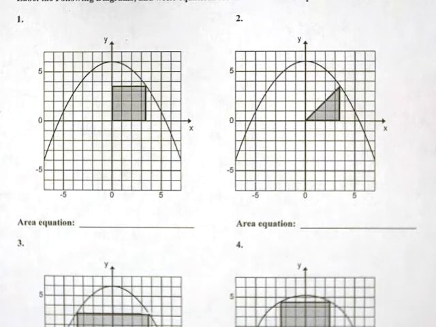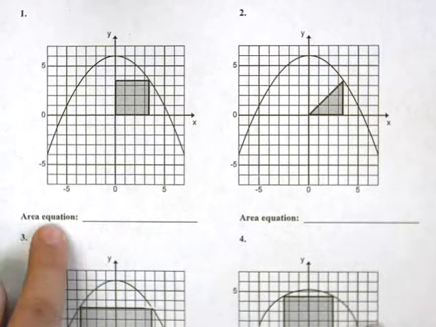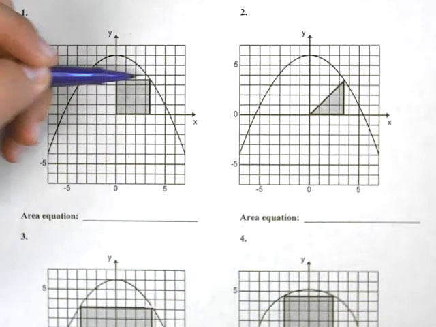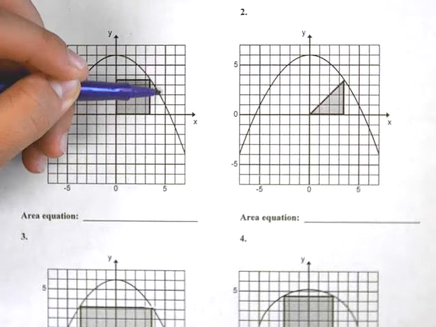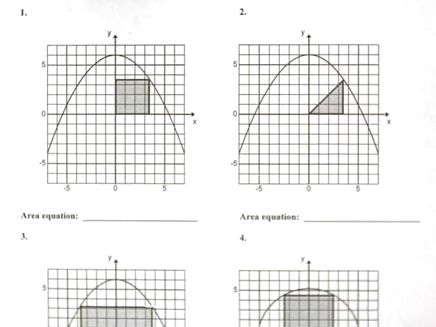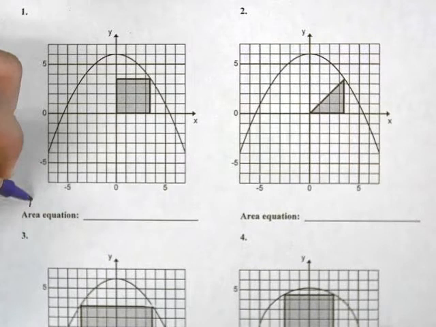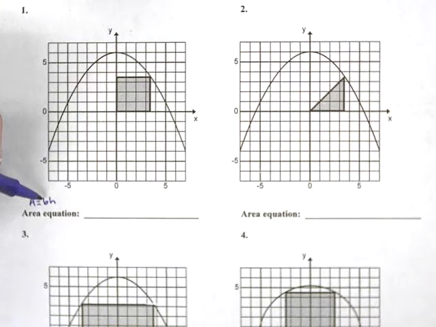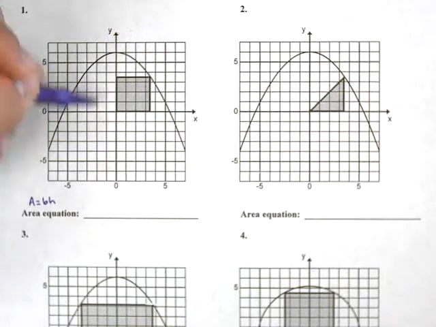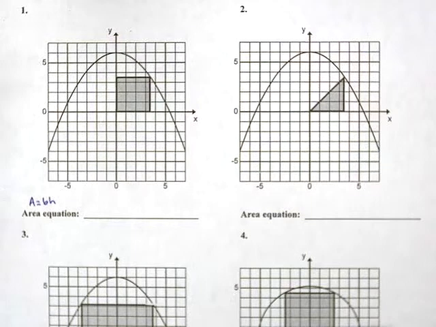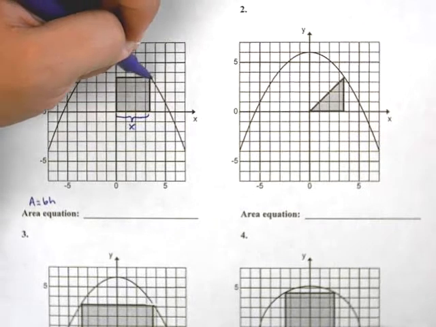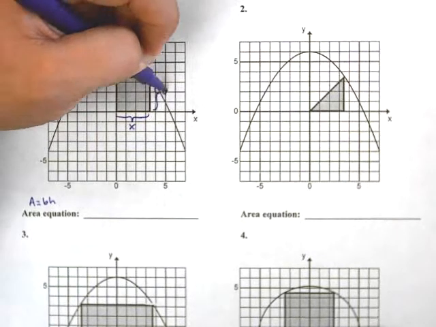When I go to write an area equation, well, this is a square, or really, I would want to say it's a rectangle for right now, because I'm not exactly sure if it's a square, which means I'm going to be using A = bh. That means I need the base and the height in terms of my coordinates. A base would just be my x value, and my height would just be a y value.